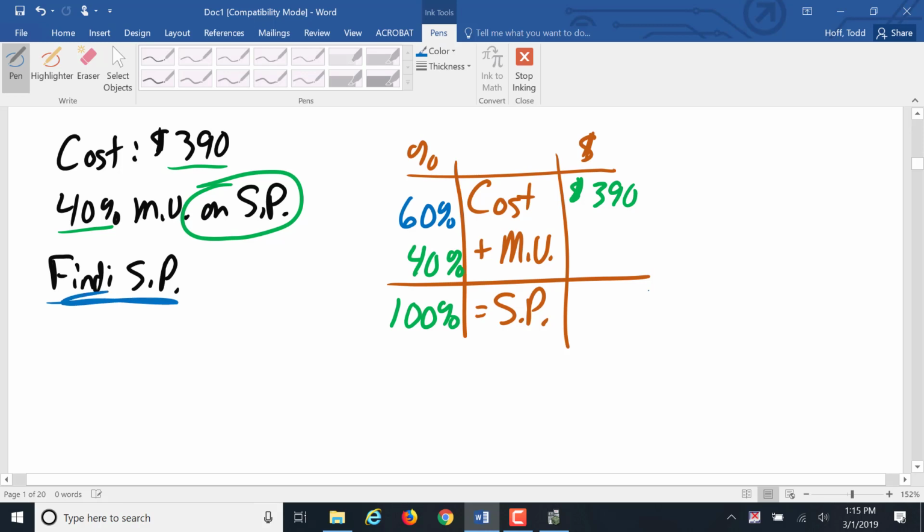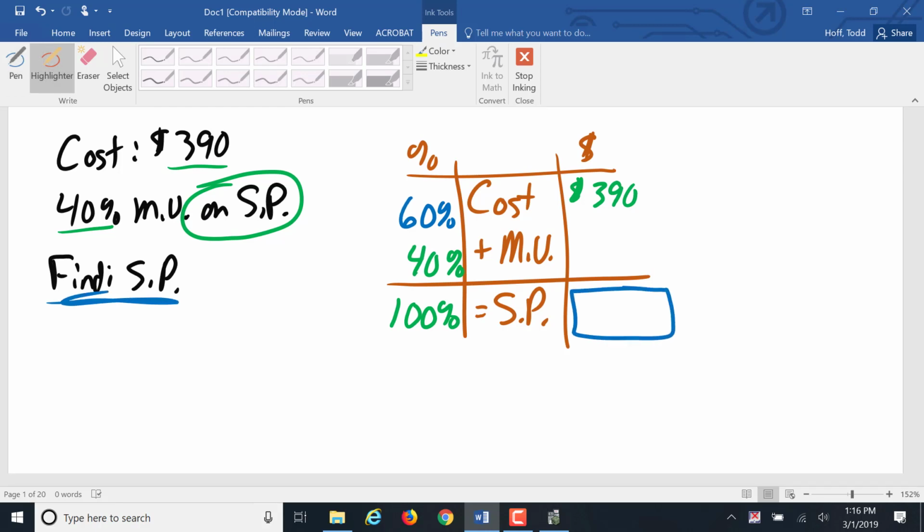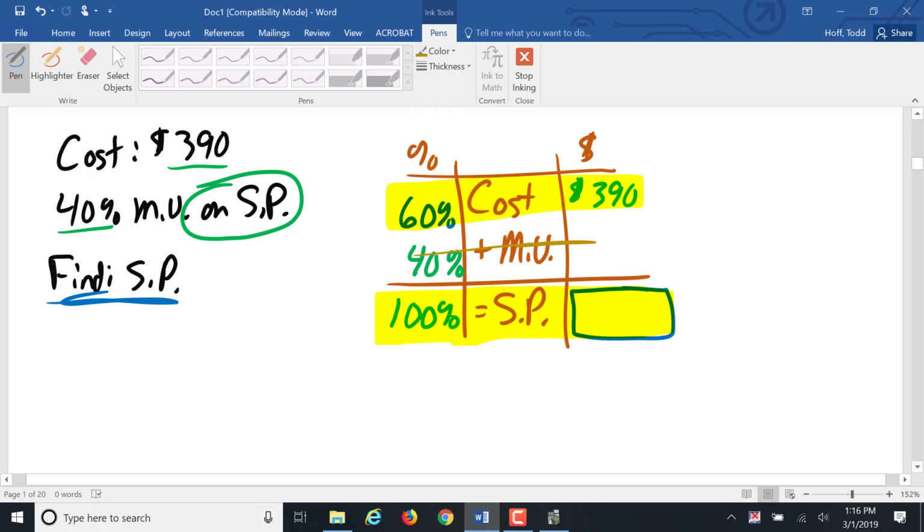We're asked to find the dollar amount of the selling price, which is right there. So we have a row where we know both the percent and the dollars. In this problem, that's the cost. We have a row that has what we're looking for, the selling price, and we know the number on the other side, so we're all set there. So that means we can ignore this middle row here.